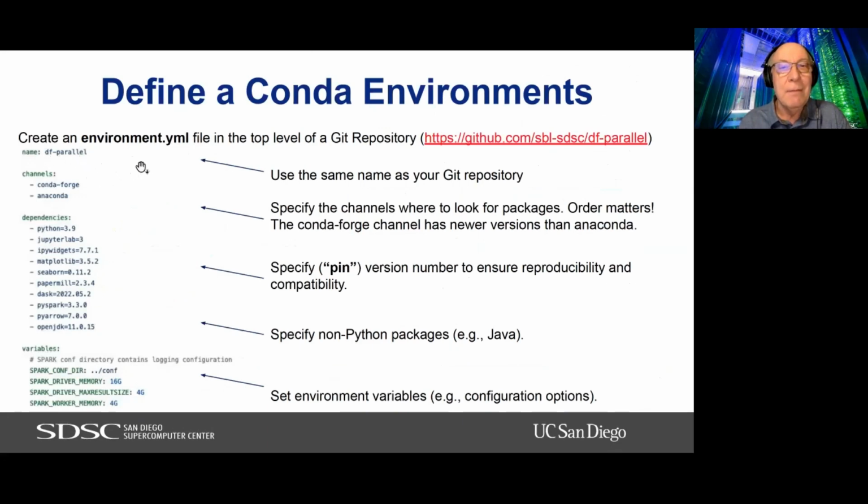First, you give it a name. Generally, it's a good practice to use the same name as the Git repository. Then some channels, that is basically the repositories where you download your packages from, and the order here matters. And then you need to specify what software packages should be imported here. So we need Python, JupyterLab, etc.